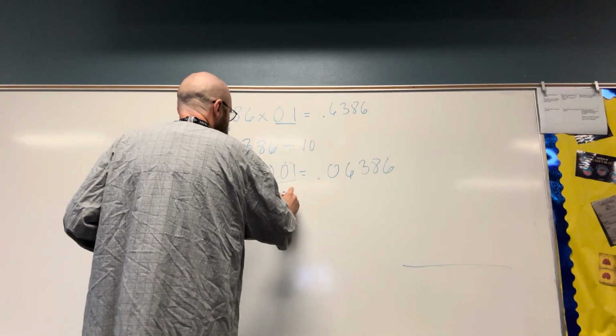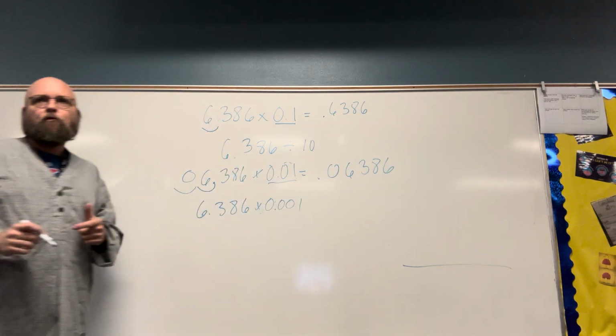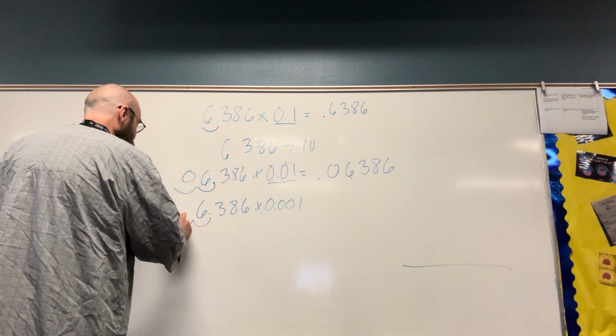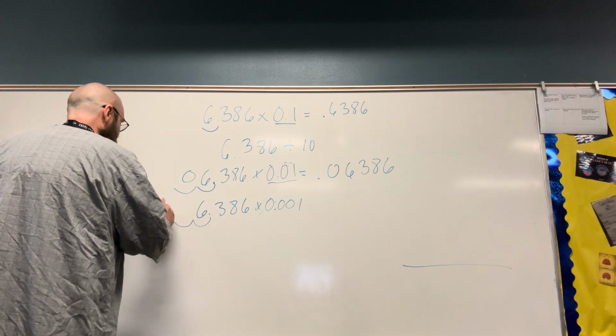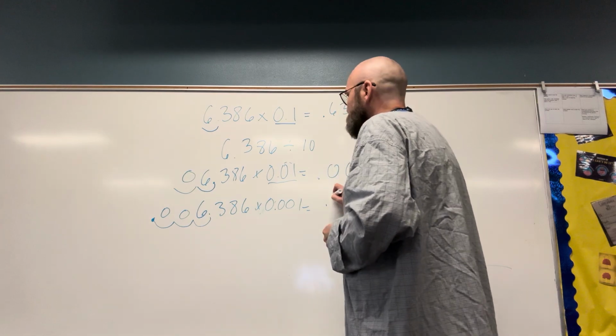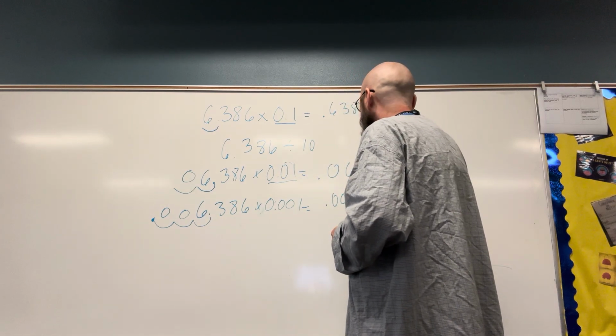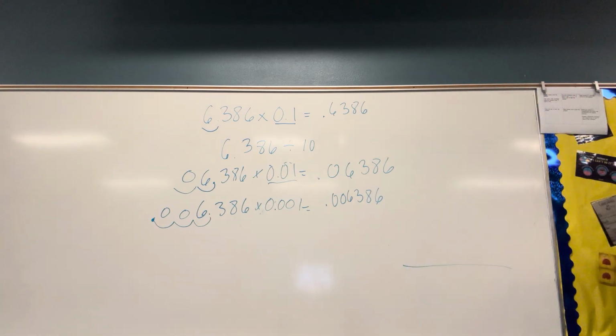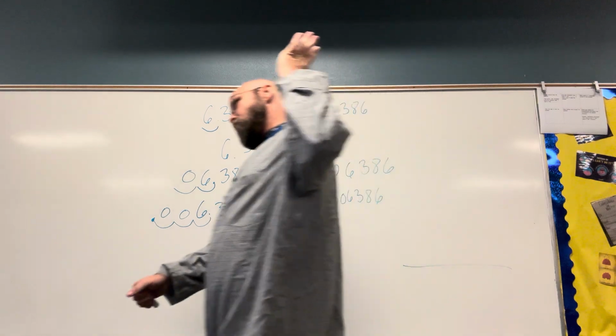Times, you're going to move the decimal point to the left how many times? How many times? 3 times. It's going to go once, twice, 3 times, which means I have to have my zeros in front of that. All you're doing is moving the decimal point when you're multiplying by powers of 10.